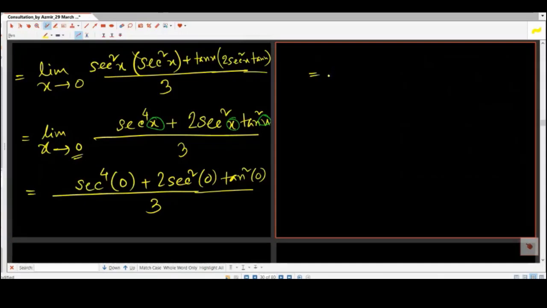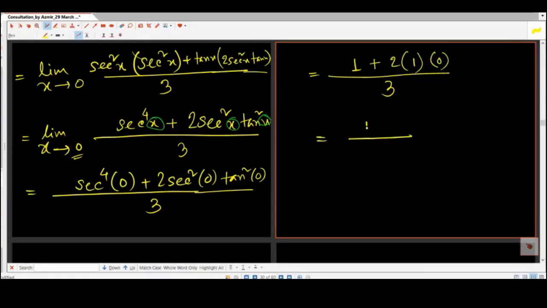So we have 3 in the denominator. Secant power 4 of 0 will be 1, plus 2 secant squared 0, which is 1, tangent squared of 0, that is 0.